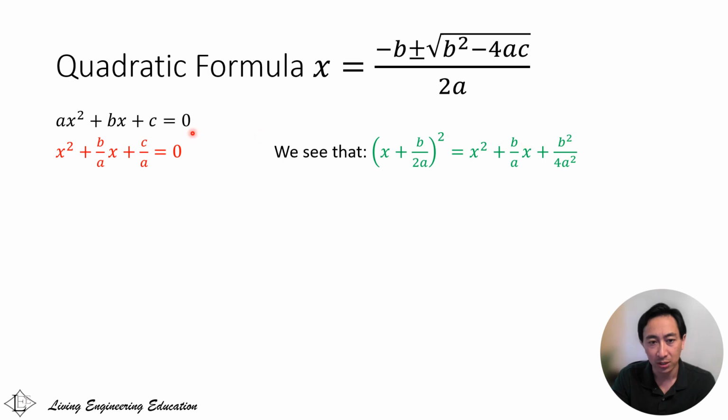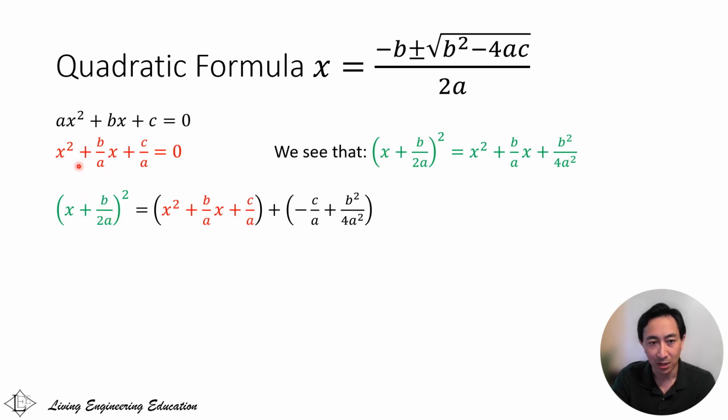I'm going to try to take advantage of the fact that I know this is equal to 0, and then I know this relationship here. So I'm going to combine these two concepts. I take x plus b over 2a squared, and then I expand it in the form of the quadratic equation here, and I need to match it to this side.